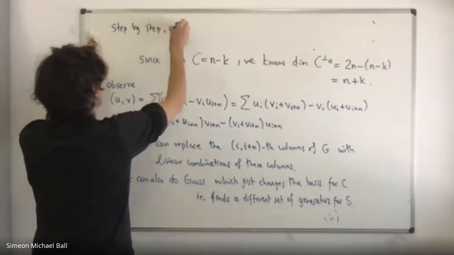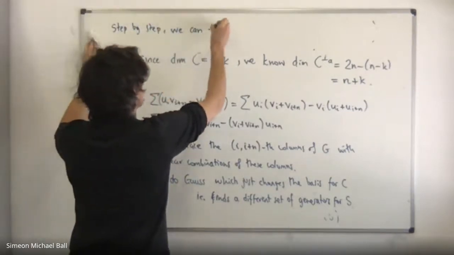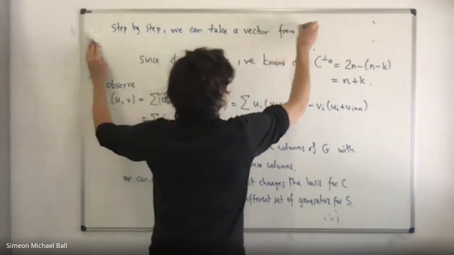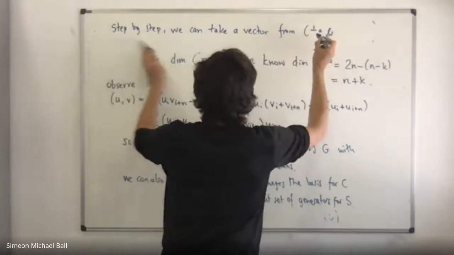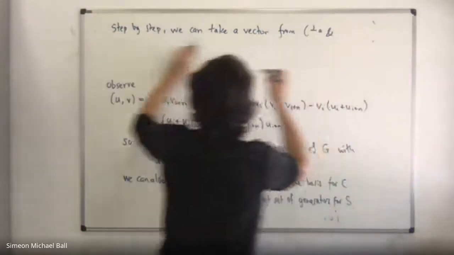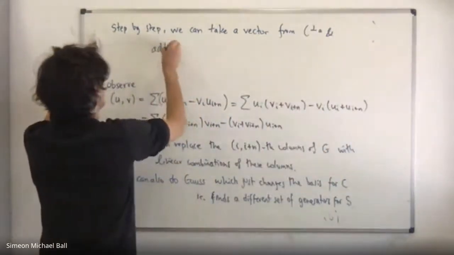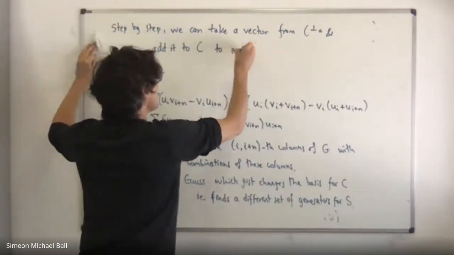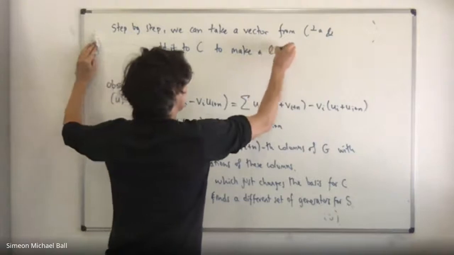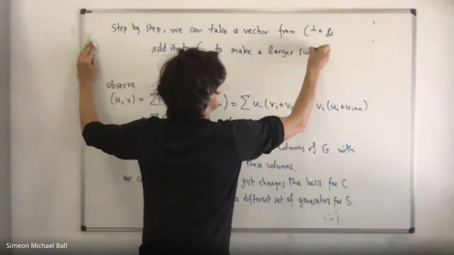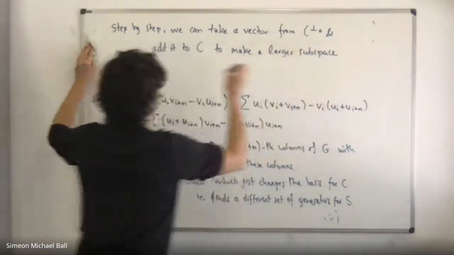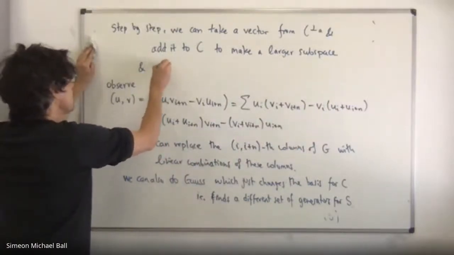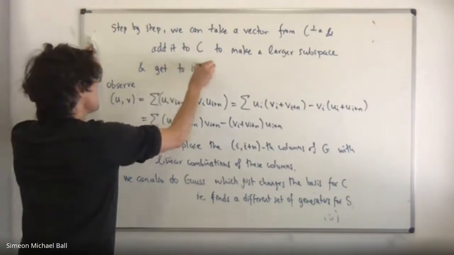We can take a vector from C perp A and add it to C to make a larger subspace.